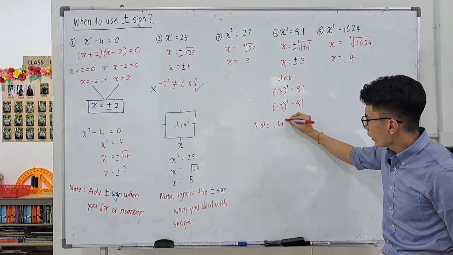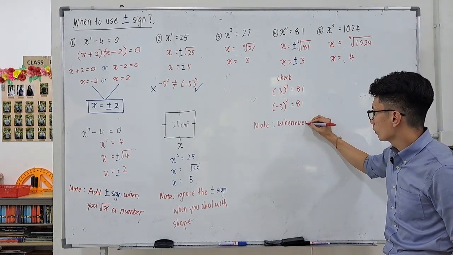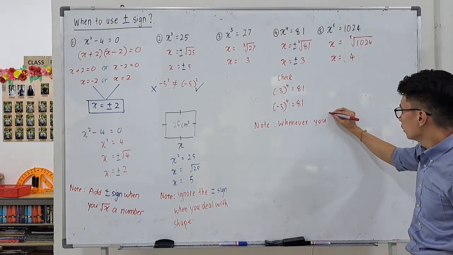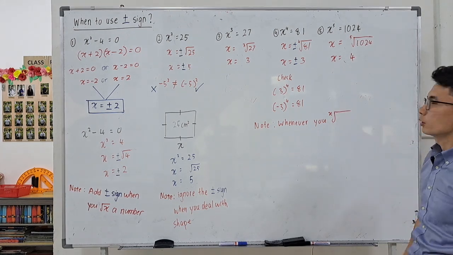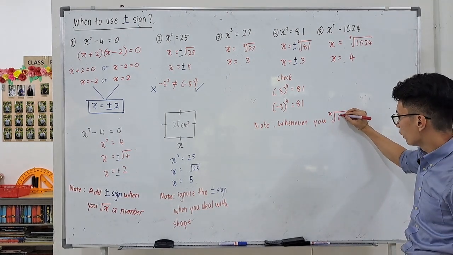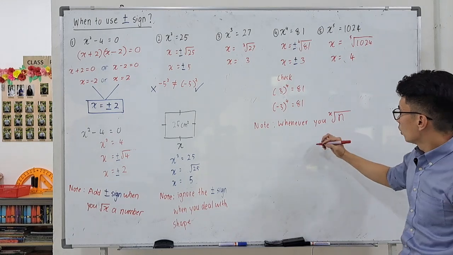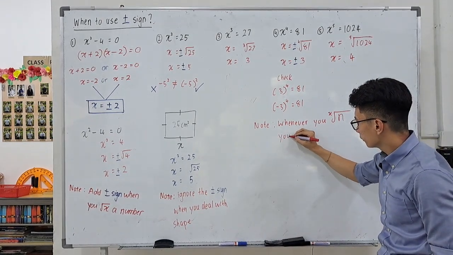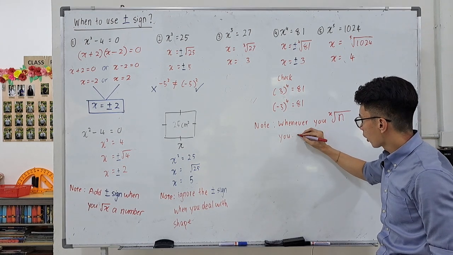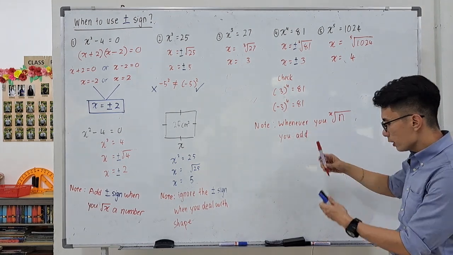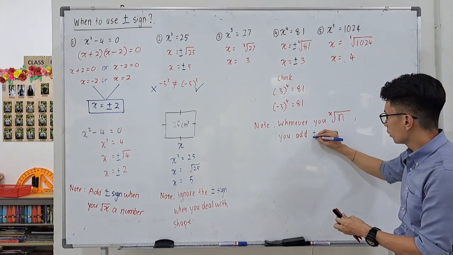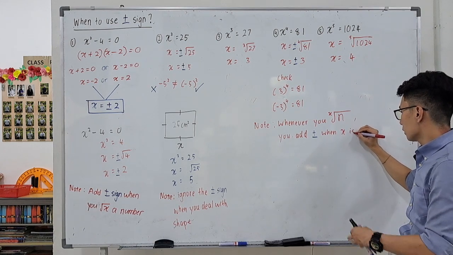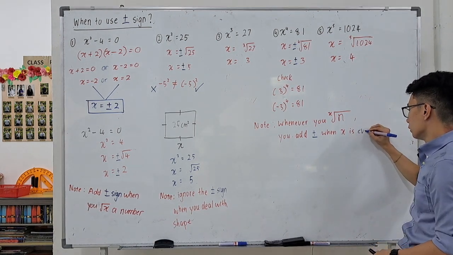Whenever you take the root of a particular number, I'm just going to write in this form where you have a number inside here, you will be adding the plus minus sign when x is an even number.